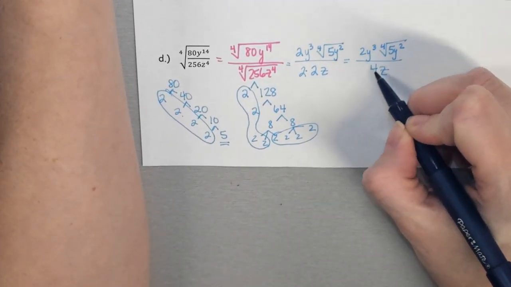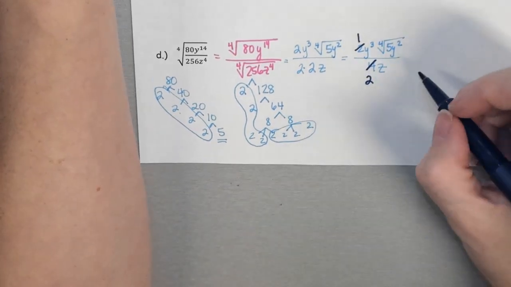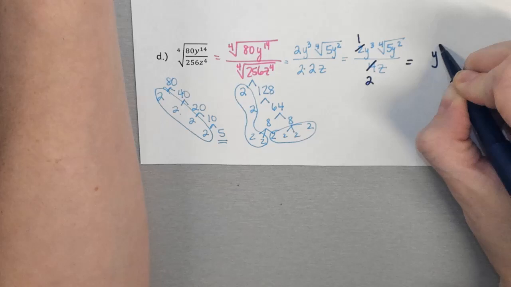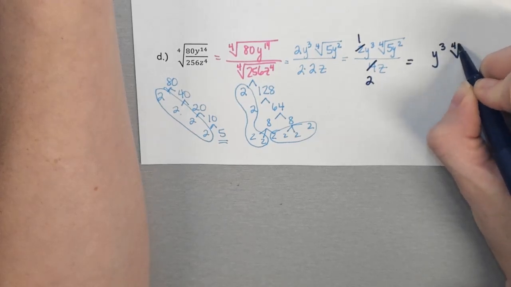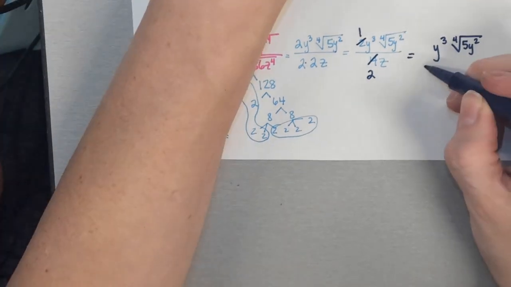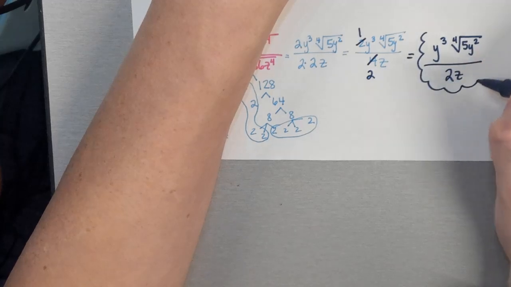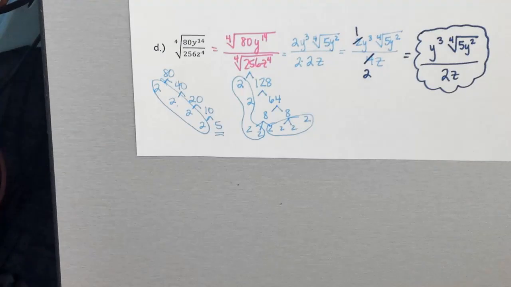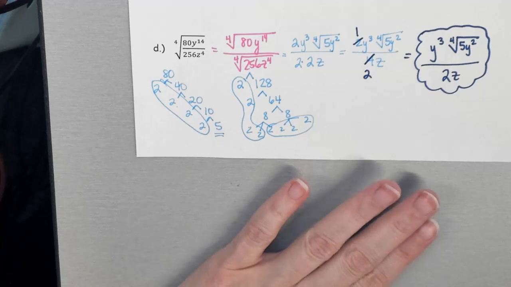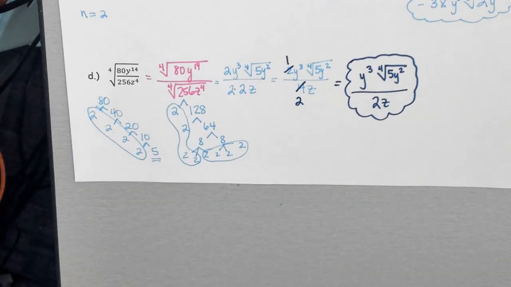If you have 2 divided by 4, 2 goes into itself once, 2 goes into 4 twice. So then you have y to the 3rd times the 4th root of 5y squared divided by 2z. I'll always make my z's with the line through them so you can distinguish them from the 2's. So I don't accidentally try to multiply 3 together.